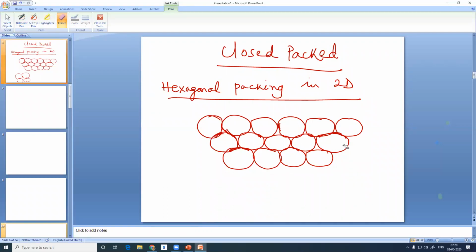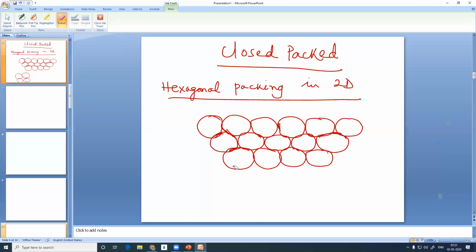Since our presumption is that the atoms and ions are spherical entities, there must be some space. Had the atom been a cube, there would have been no space left. It would have been all close packed and the packing fraction would have been 100%. Because they are spheres, they have to leave some space, even if they are close packed.